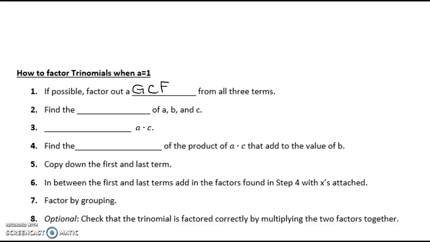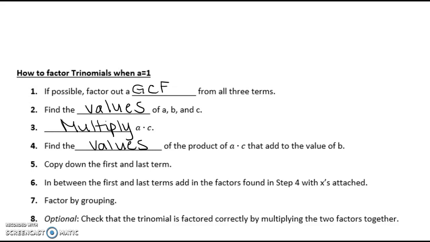You're going to find the values of a, b, c, and then you're going to multiply a times c together. Then you're going to find the values of the product a and c that add to the value of b.